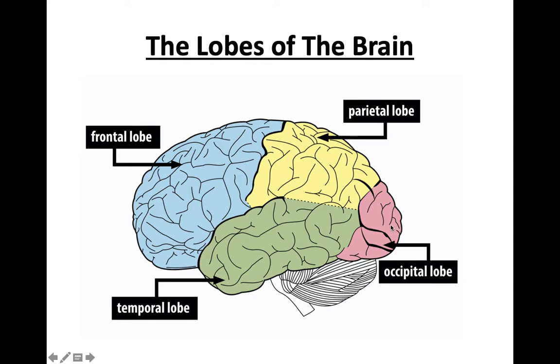Visual information is processed in the occipital lobe. This is just to start to give you some idea for questions that I could ask on an examination, which is to be able to recognize the different lobes of the brain and the functions that are associated with those lobes.